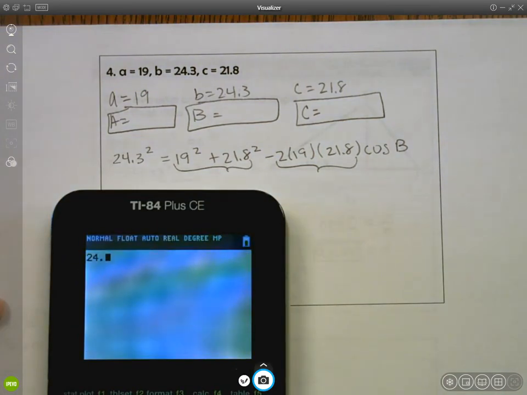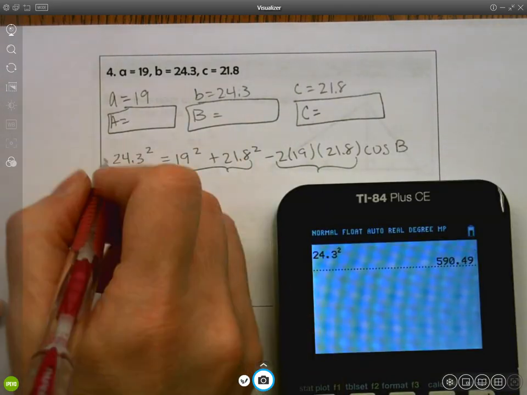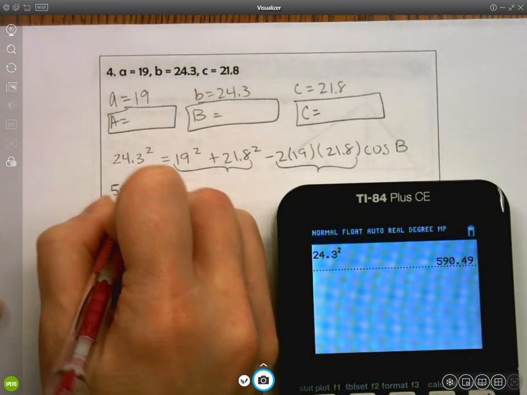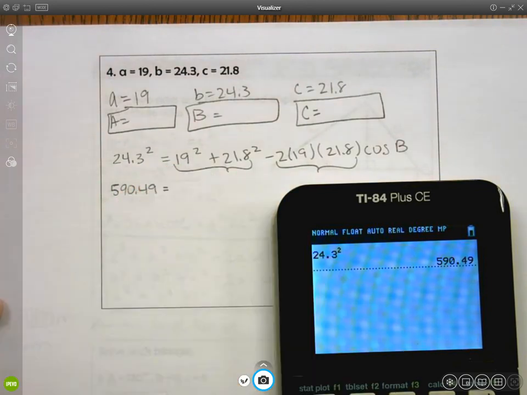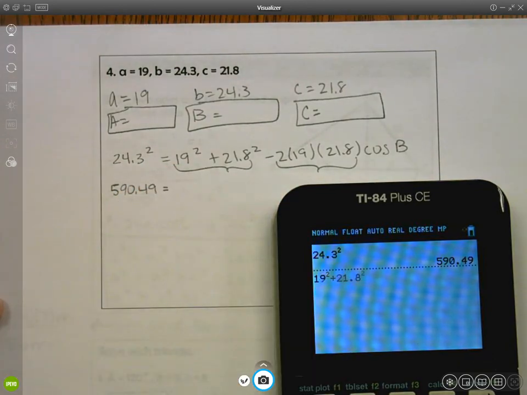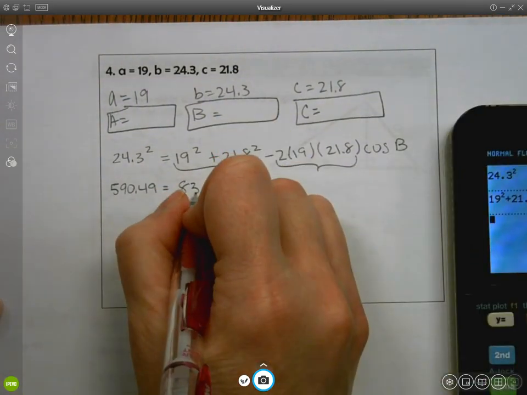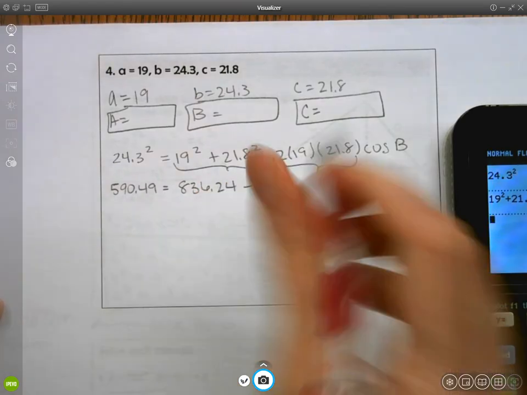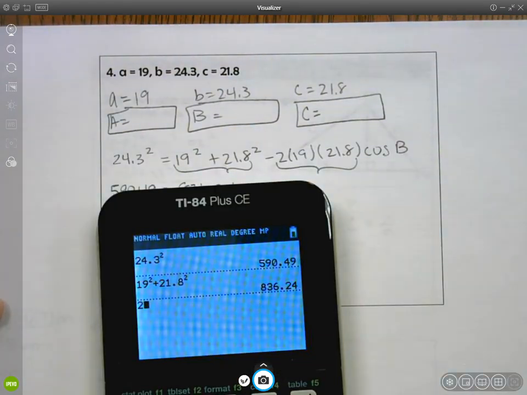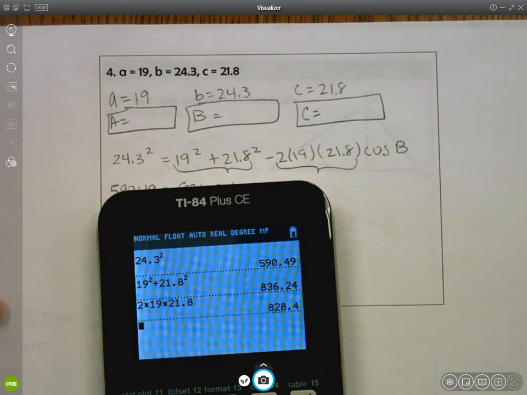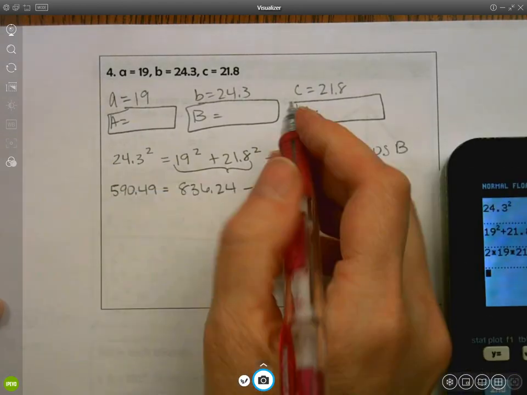So 24.3 squared is 590.49. And then 19 squared plus 21.8 squared is 836.24. And then 2 times 19 times 21.8 is 828.4.